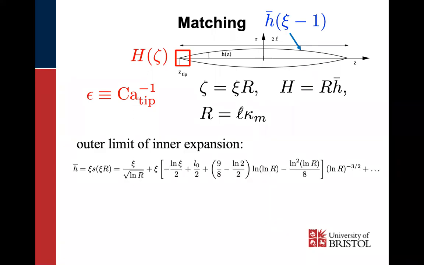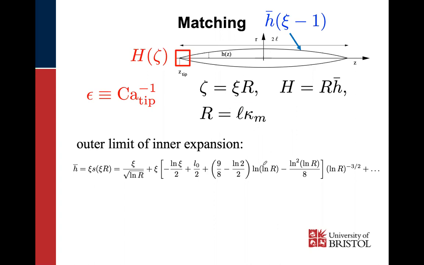So in the previous slide, I've given you the inner limit of the outer solution. And this here is the outer limit of the inner expansion, the outer limit of the similarity solution I've just calculated. And my calculation was set up precisely to look at the outer limit away from the tip.